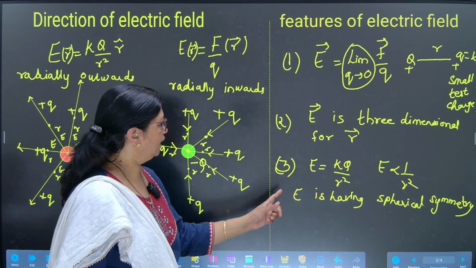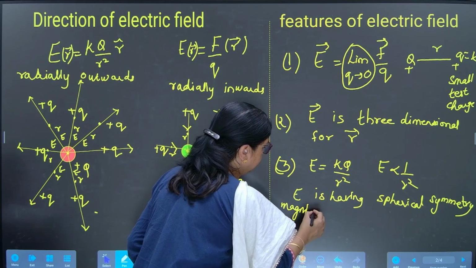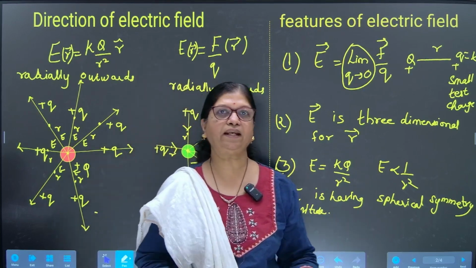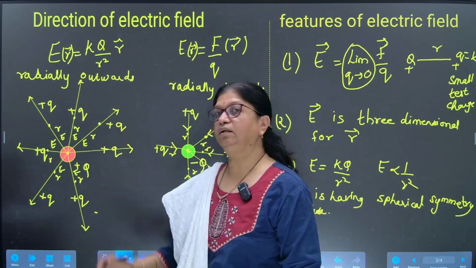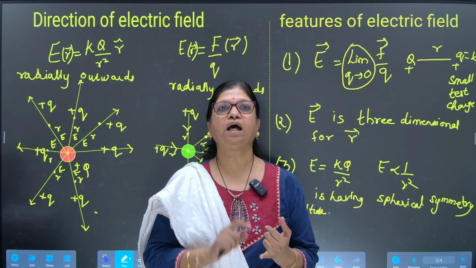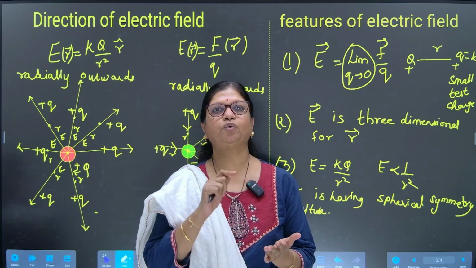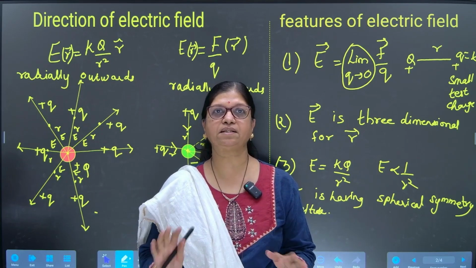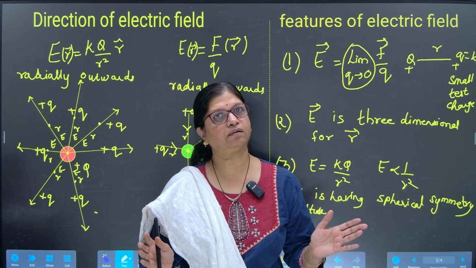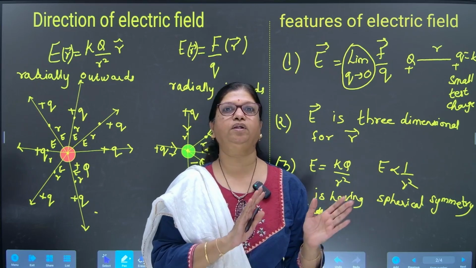That means the electric field magnitude has spherical symmetry. Fine. Direction will be different as shown here, but magnitude will have spherical symmetry. It means that around the source charge in a particular sphere, the magnitude of electric field will remain the same as the radius is the same, whether the source charge is positive or negative.